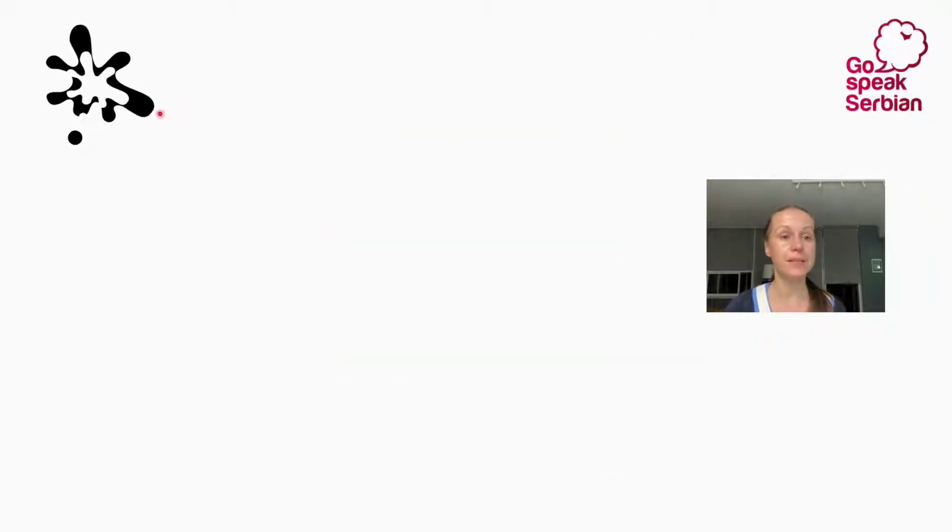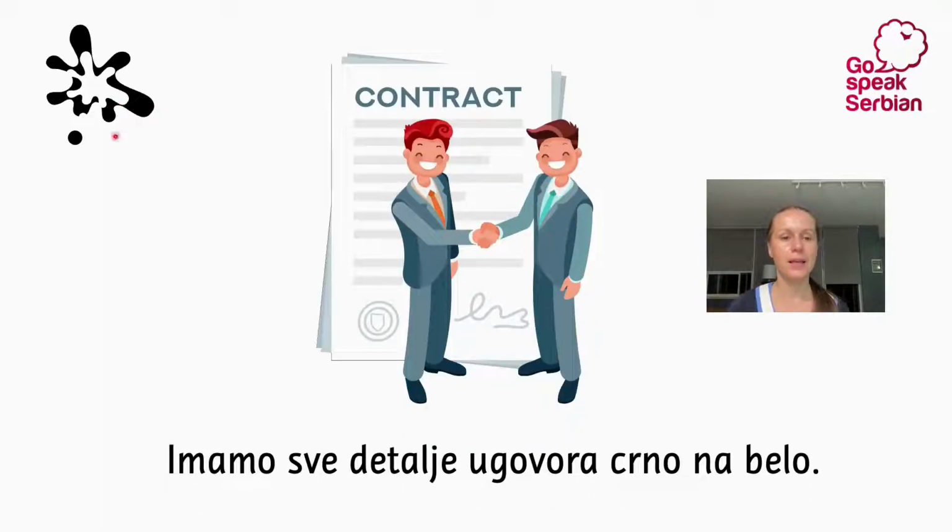Ok, primjer sa crnom i belom bojom. Imamo sve detalje ugovora, crno na belo. Literal translation of the sentence: we have all the details of the contract, black on white. Crno na belo means written very clearly, can be used as a proof, includes all the details that we need.